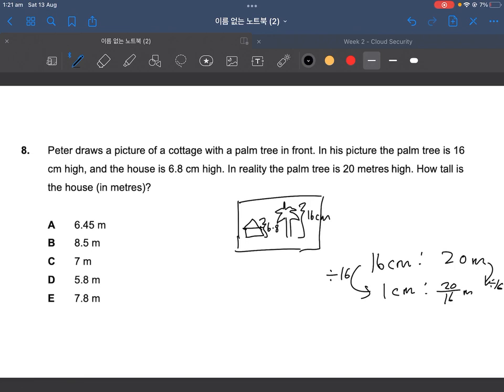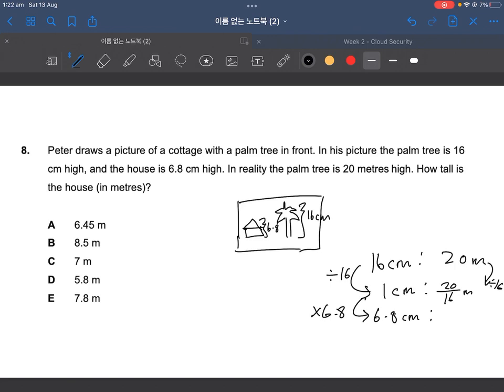So 1 centimeter is 20 over 16 meters. Then, why did I find that out? Because the question asked, how tall is the house? And how many centimeters is the house? 6.8 centimeters. Okay, and how many times is that greater than 1 centimeter? Times 6.8. So hopefully you can see why I wanted 1 centimeter first.